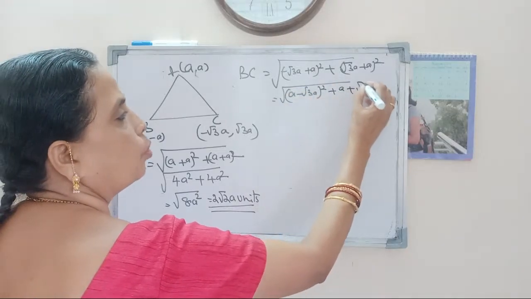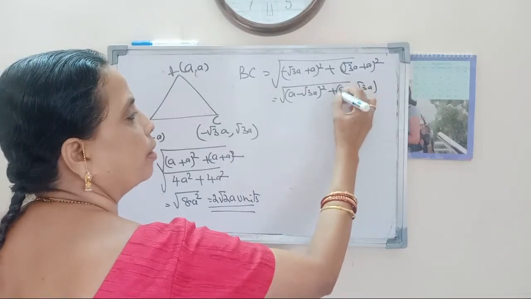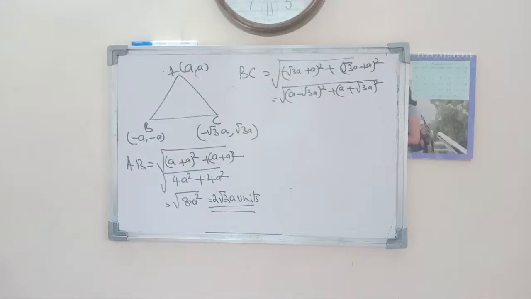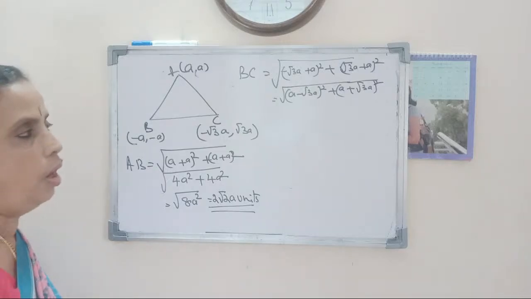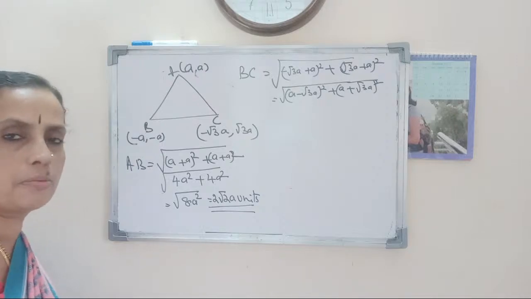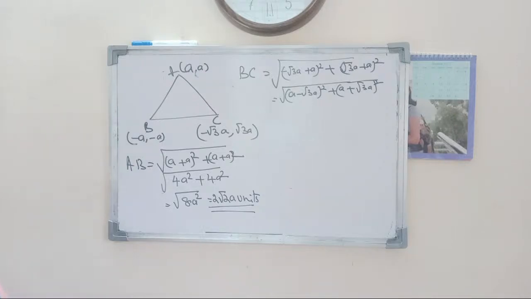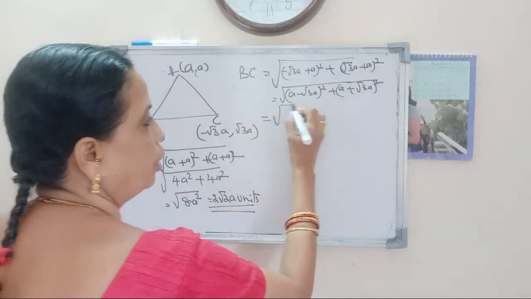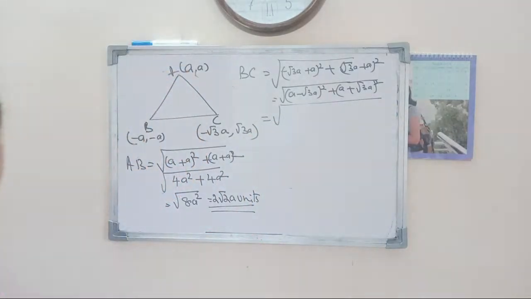To keep the order, I took it like this. Now for a square plus b square, you can use a plus b whole square minus 2ab, or else expand separately and then take it out from the root. If you have a doubt, you can see the working.